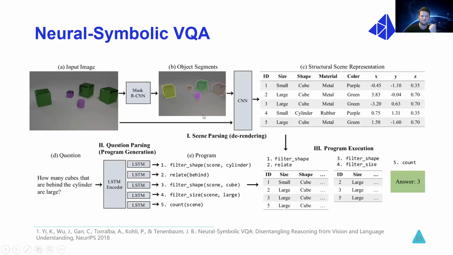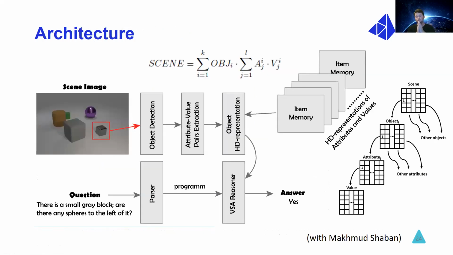Here at the LSTM level, they used one head at the end, and they predicted a filter-shape scene cylinder as one token, the function and its attributes. But we predicted the function and the attributes separately, which helps us to manage the dimensions, because if we increase the number of functions, we have to increase the number of outputs of our head. But here we simplify this problem.